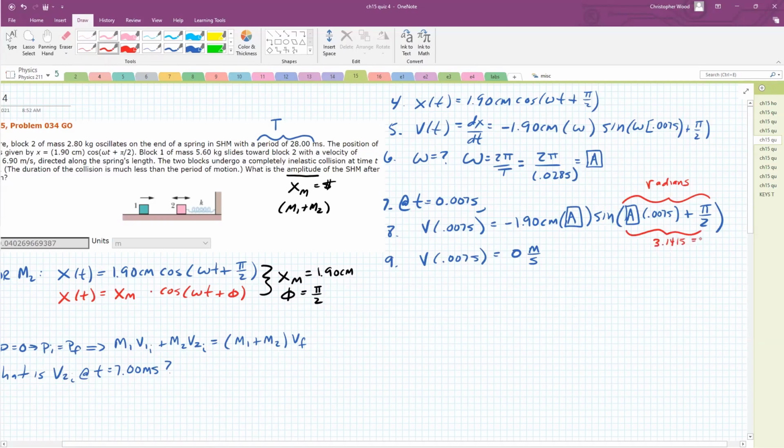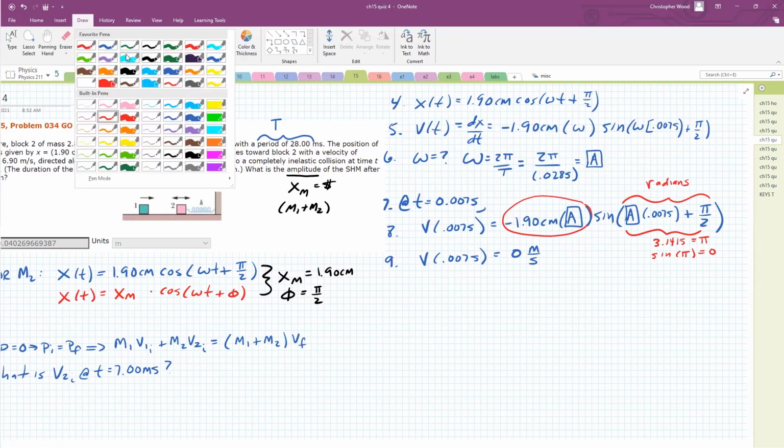Basically, this value came out to be pi. And I know the sine of pi equals 0 thanks to the unit circle. I don't even care what this other term is, because if my sine is spitting out a value of 0, it doesn't matter. I have a velocity of 0 meters per second.